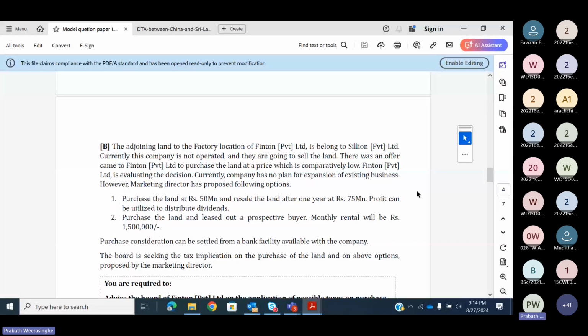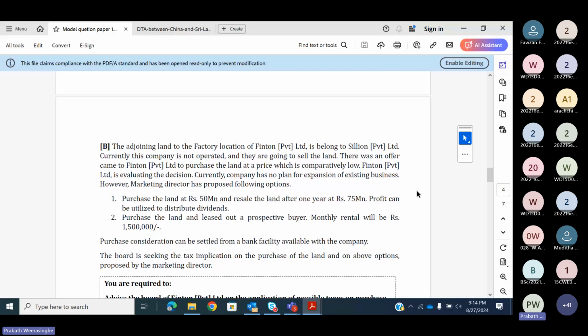Rent income is liable for tax at 30%, and they can claim that withholding tax credit. Also, if the company is registered for VAT, the rental income will be liable for VAT, as well as for SSCL, based on total turnover at the registration threshold. So if it exceeds that, it is liable.